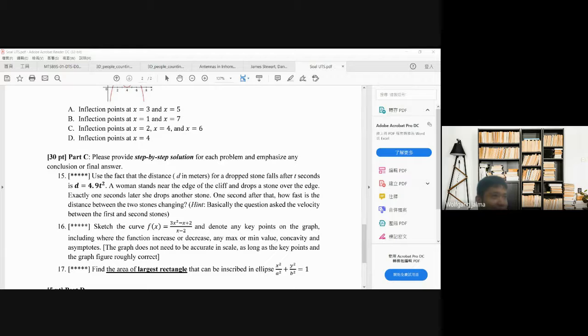Anybody on the internet answer it? Not yet. Okay. Actually, the inverse is also x.